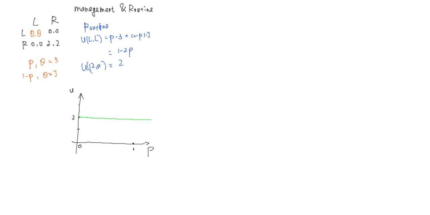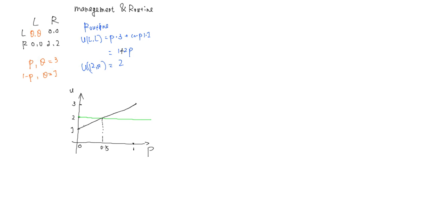Or you can choose to fix on L. When p is 0, it should be 1 plus 2p, so it gives you utility 1, and when p is 1, it gives you utility 3. Excuse my bad drawing, but it should be crossing at 0.5.